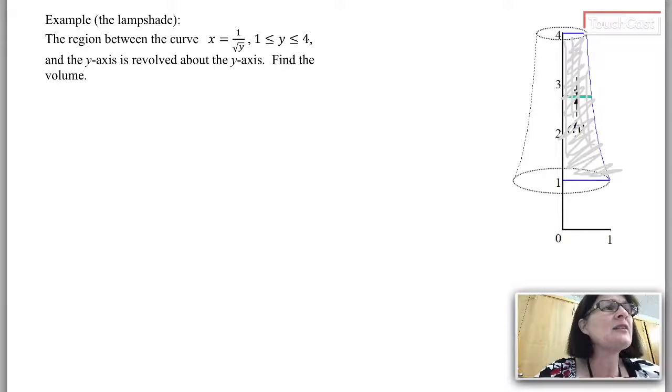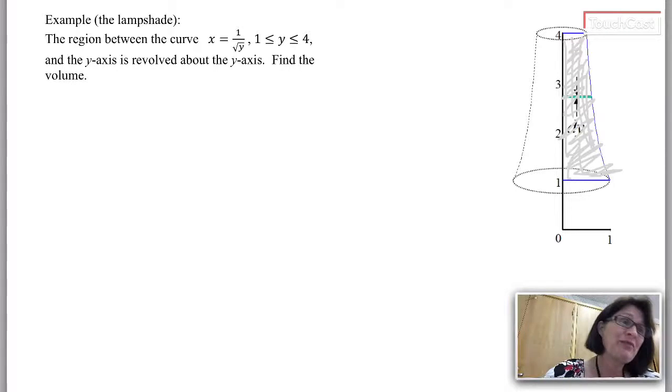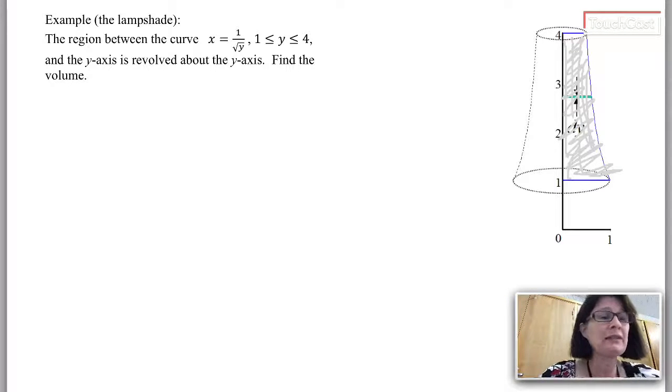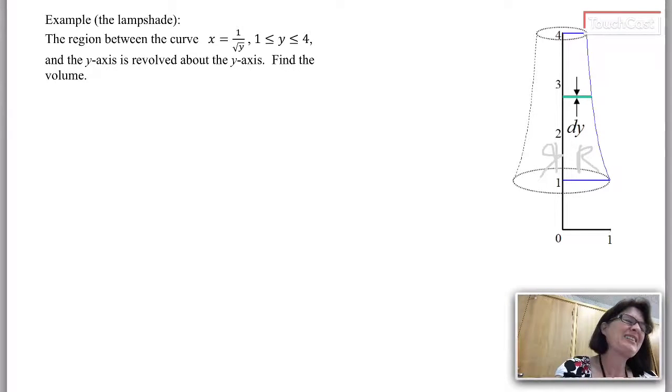And you can see this picture already has the revolving done for me, which is nice. So I'm going to call this, if this was R, this is the reflection of R. And you can kind of see there's the start of a green disc drawn in there. I'm going to go through the rest of the steps though and see if this can help me. I'm going to revolve around the y-axis.